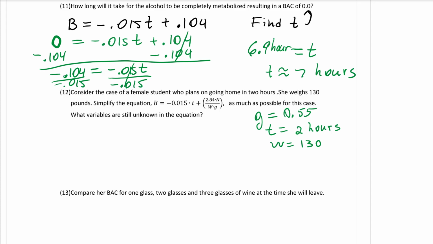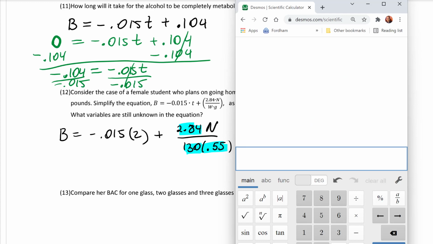Let's review. So we got BAC is negative 0.015 multiplied by 2 hours. Very carefully, guys. I got 2.84, and we don't know how many drinks she had. W is 130 and G is 0.55. Now, let me highlight this. You see, this is a number, this is a number, and that is a number. So you can actually put it all inside decimals and get the simplified version of it.